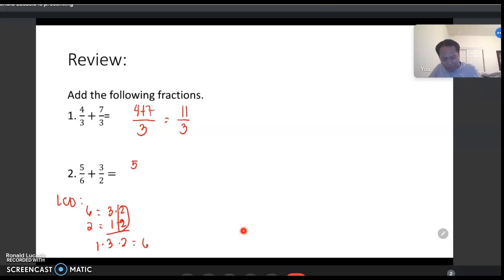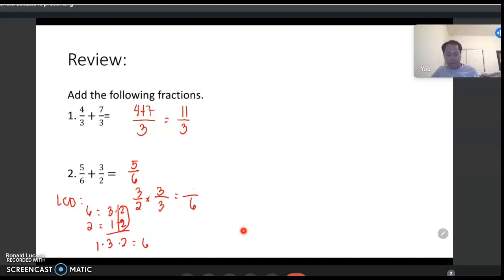So meaning 5 over 6, the denominator is already 6. And then 3 over 2, you have to multiply it to make it 6. I'm gonna multiply this one, both the numerator and the denominator, by 3.